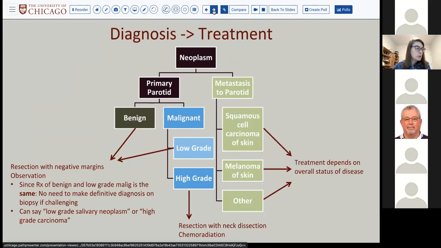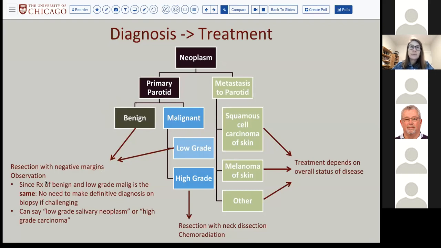So there can certainly be tumors that arise in the parotid tissue, as well as those that metastasize to intra- and periglandular lymph nodes. If a primary parotid neoplasm is defined as benign, even if it's defined as a low-grade malignancy, generally these undergo the same treatment, which is resection with negative margins and follow-up observation.